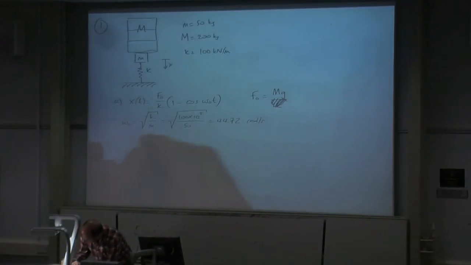And so we've got X of t equals big M G divided by K, 1 minus cosine omega naught t.